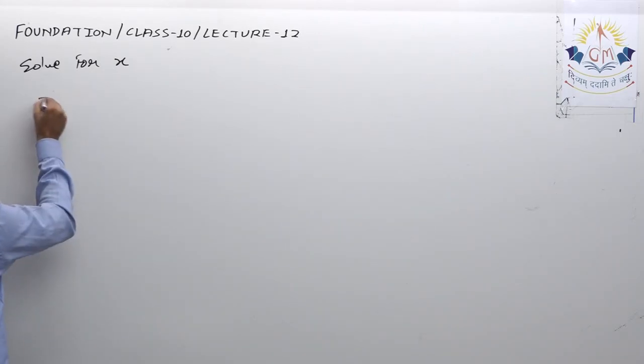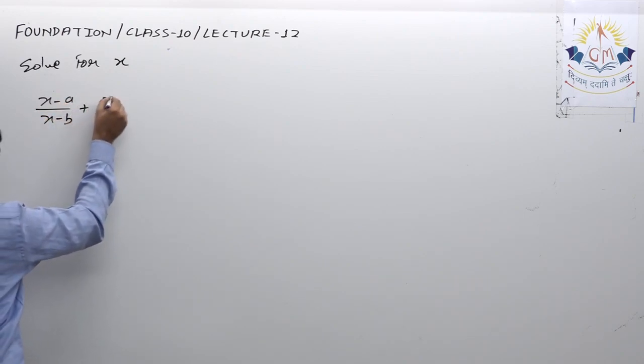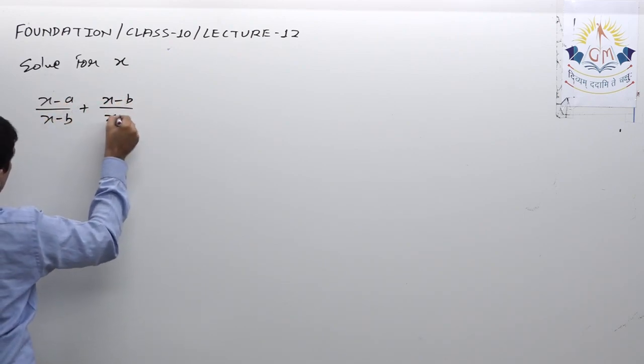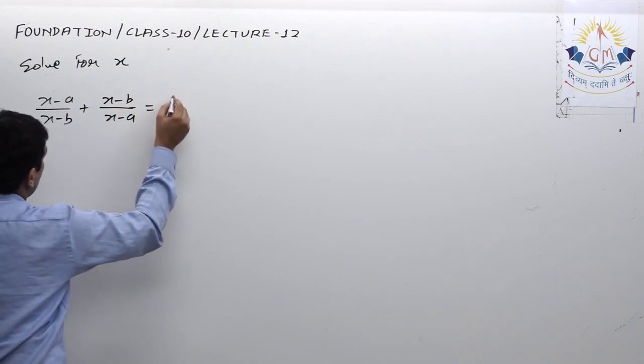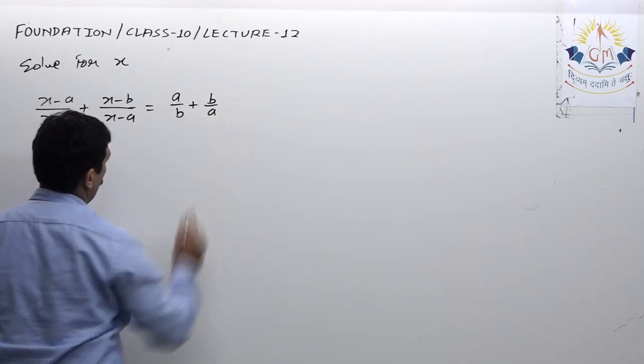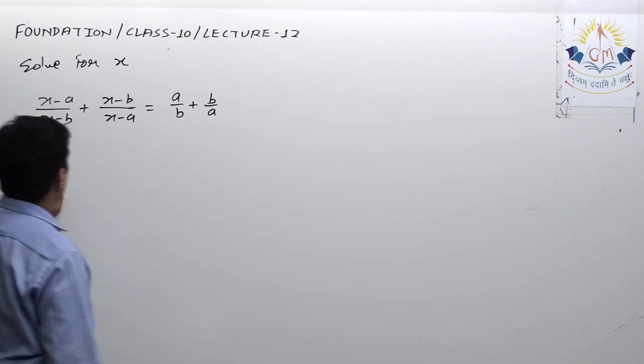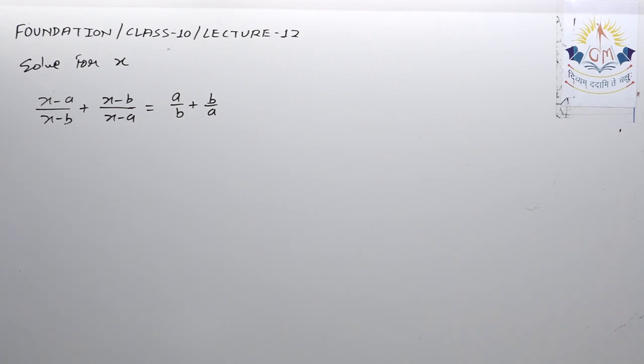The question is: x minus a upon x minus b plus x minus b upon x minus a is equal to a upon b plus b upon a. So you have to solve this for x. Think for a while, then I will give the solution.